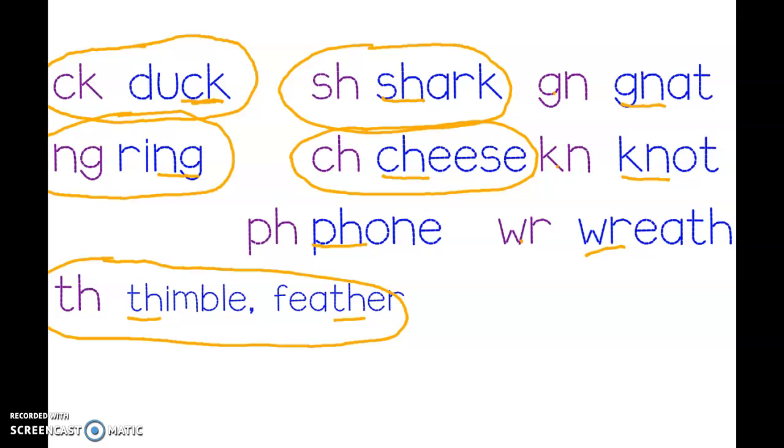Please go back to your paper and we are going to practice spelling some words using our digraphs. Number 11, black. Number 12, those. Number 13, think.